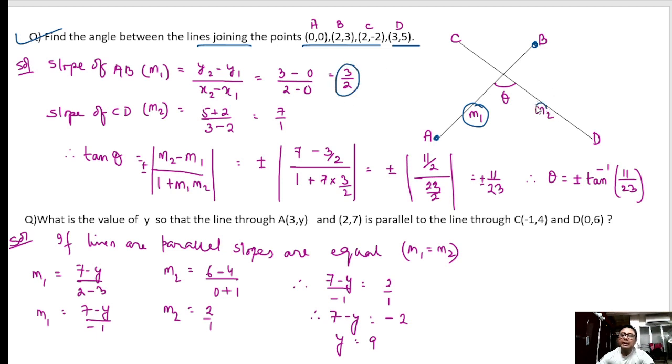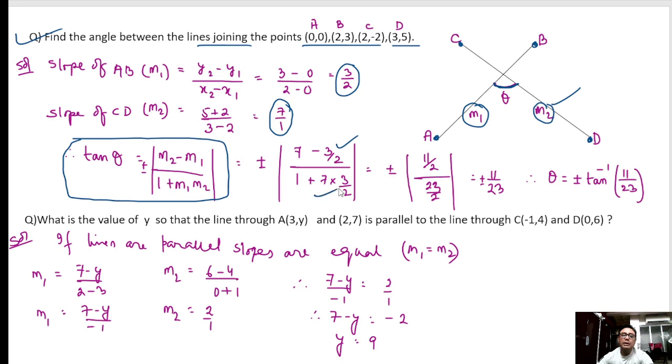Then line CD, with C and D coordinates given, so find the slope m2. Now I want to find the angle theta between the lines. As I told you, this is the formula for the angle between the 2 lines. Putting the values of m1 and m2, we solve and we get the angle theta between the 2 lines. Clear?